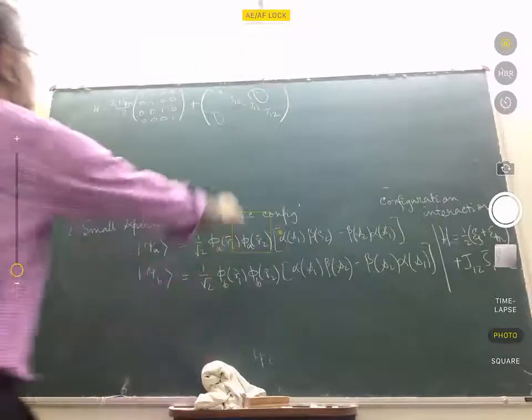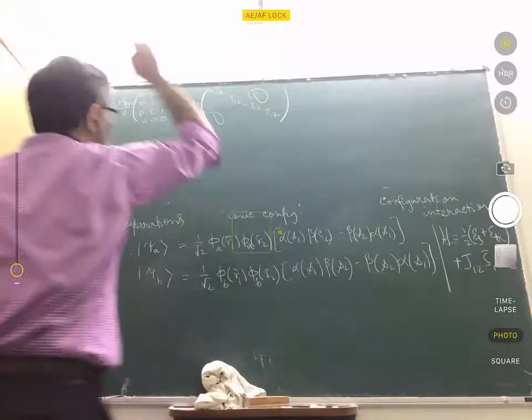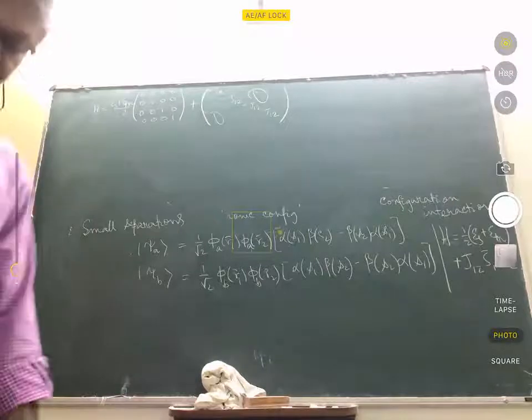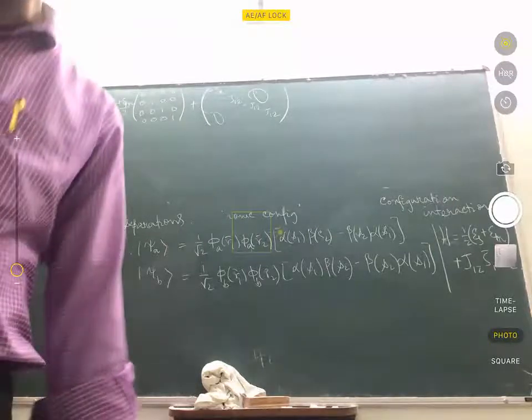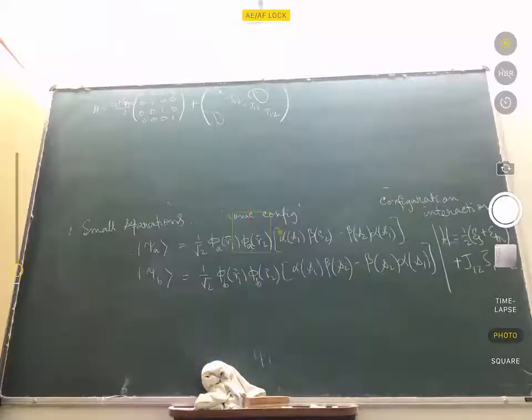These are the three triplet states, and this is the singlet state, and of course this part is diagonal. Okay, now what we are saying is that there could be other singlet states in the ionic configuration which we did not consider earlier.